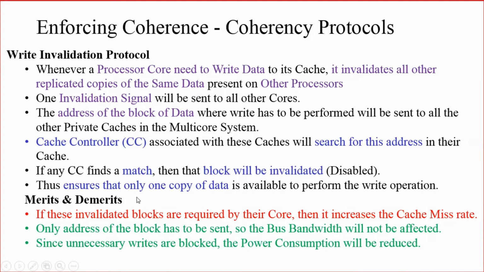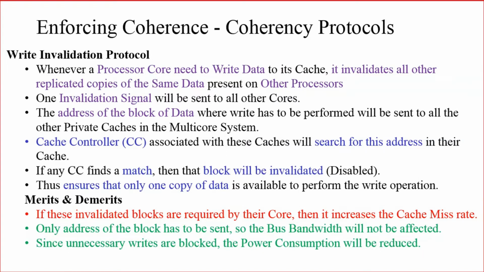We ensure that only one copy of data is present for the write operation. Whenever the processor is trying to write data to a particular address location in its cache, that address location will be sent through the bus to all the processors. The cache controllers associated with those processors will read this address and check whether that address is present in their own private cache.